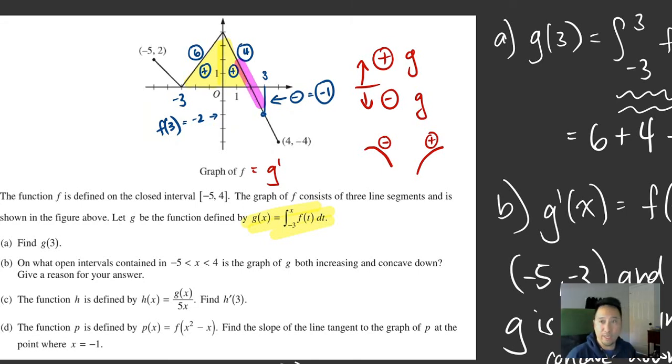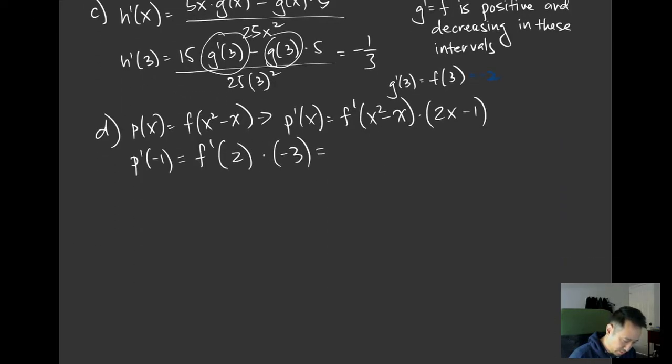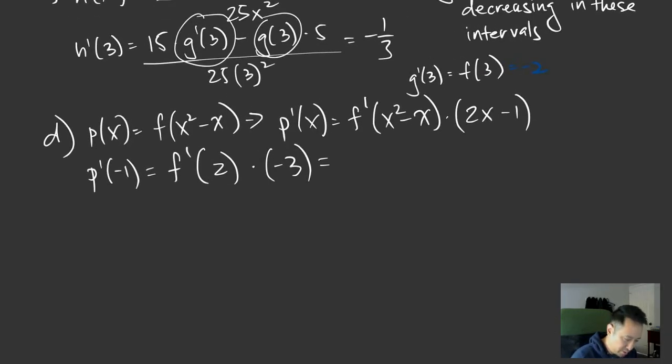I need the slope of that highlighted mark, which I believe you can do rise over run. You're going to get a value of negative 2, I believe, right? So f prime of 2, the slope at 2, is negative 2. And we just multiply by negative 3, which will give us a value of 6.